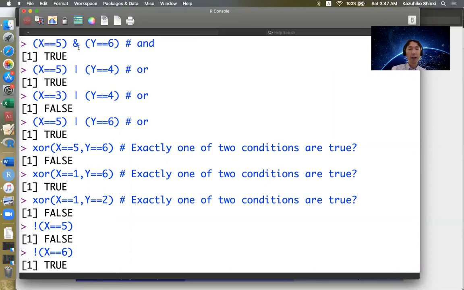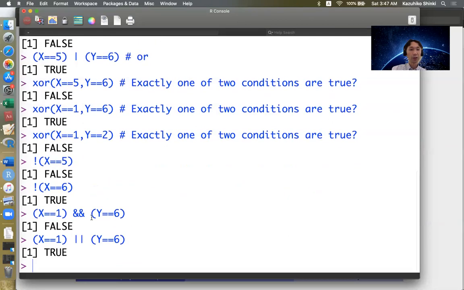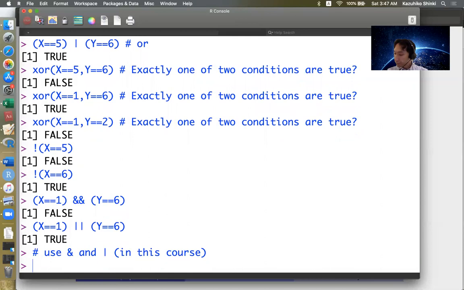So the single AND and single OR are usually convenient, except when there are specific computational reasons to use the double AND and double OR. So those are logical operations.